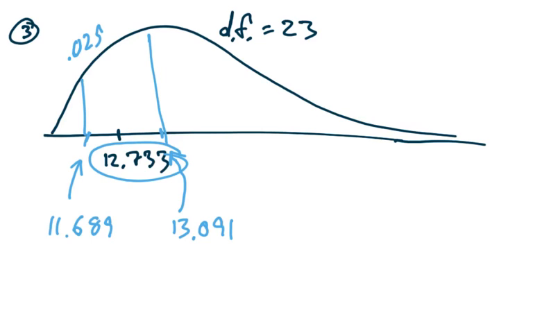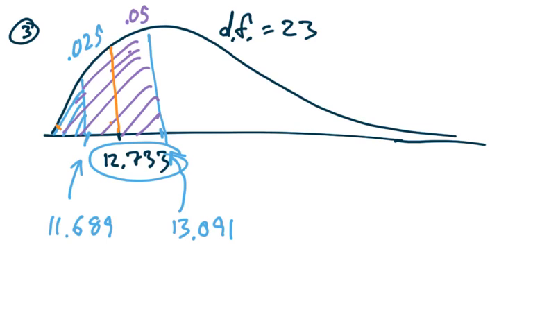So that means this shaded in area is 0.025. The 13.091 value is in the column that says 0.95. And so that means that this shaded in area here is 0.05. So the area that I'm shading right here would be somewhere in between 2.5% and 5%.